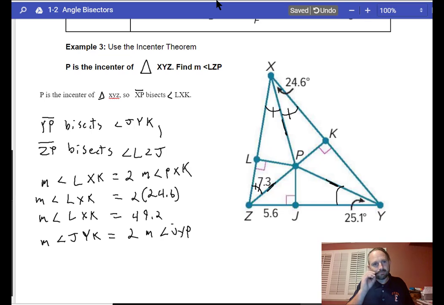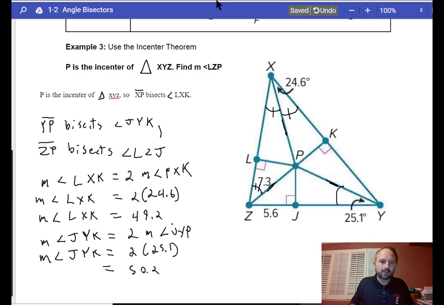Well, let's hold up for a second. So this would be 2 times 25.1. So the measure of JYK is equal to 50.2. Oh, there's my remaining dog right there. All right, give me a second.